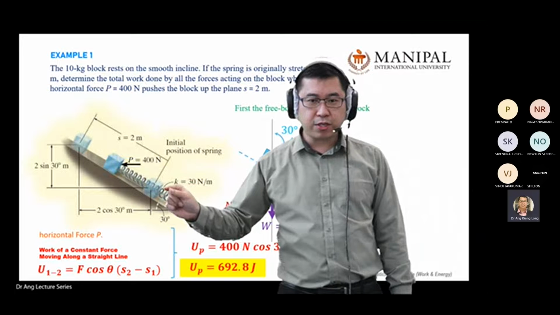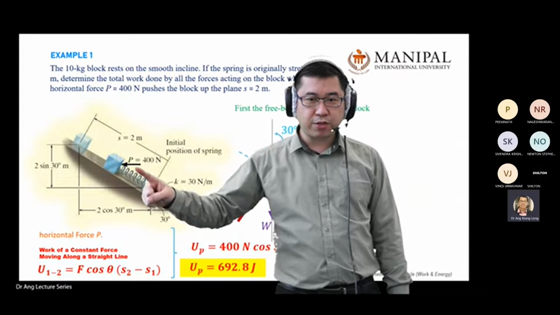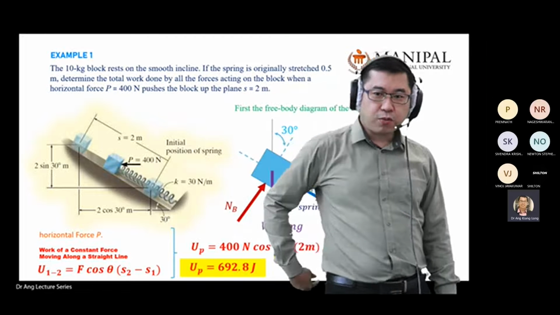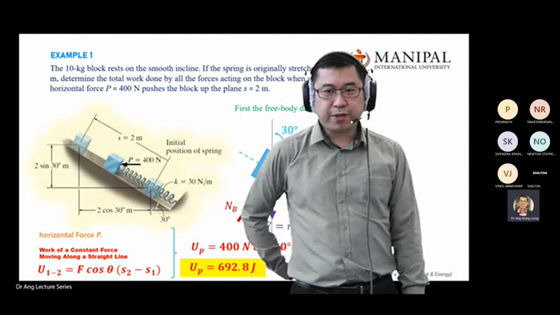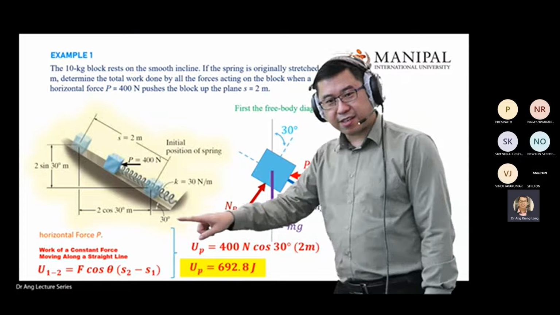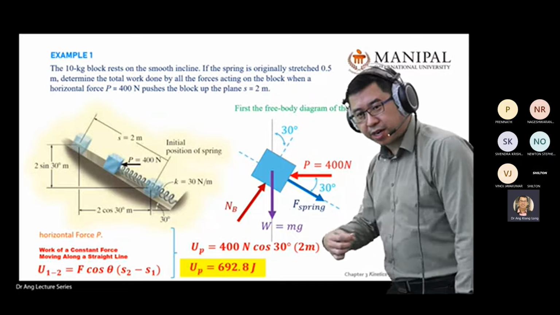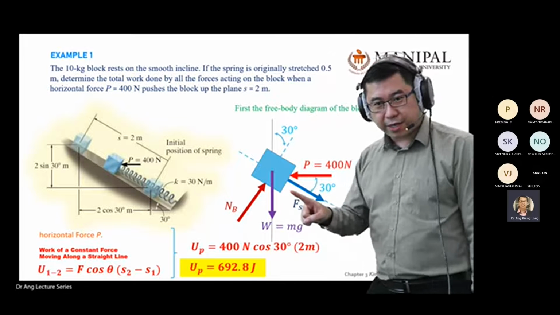You imagine you are the block and you release from this location. As you reach this position, you feel the force pulling from your back, right? If you are the cube facing the spring, you feel that the spring is actually pulling you, so the spring direction is going here.